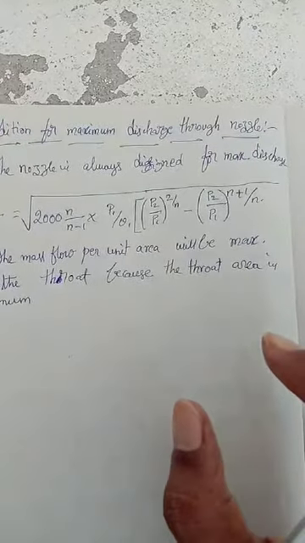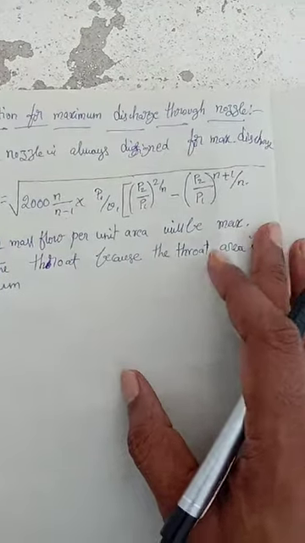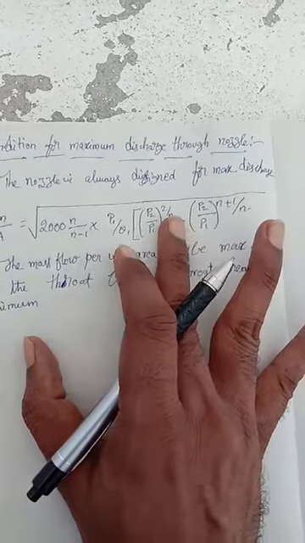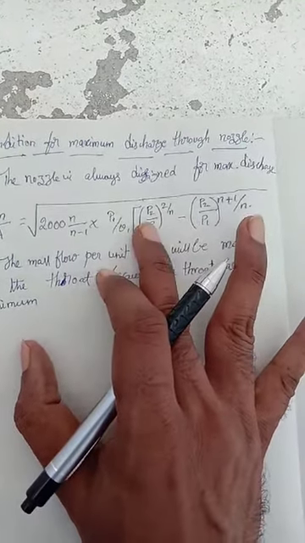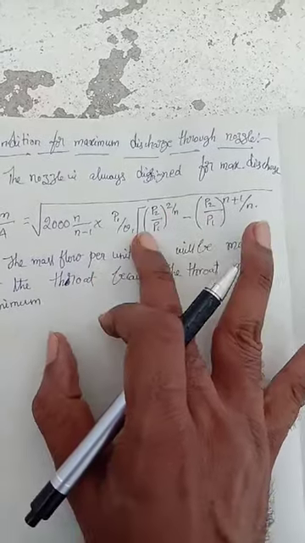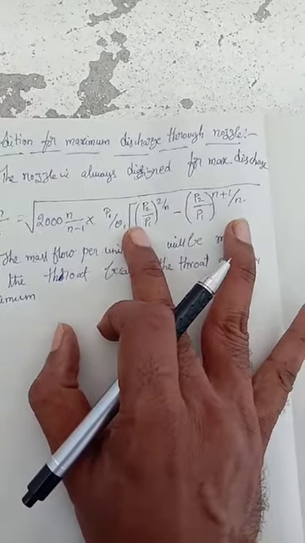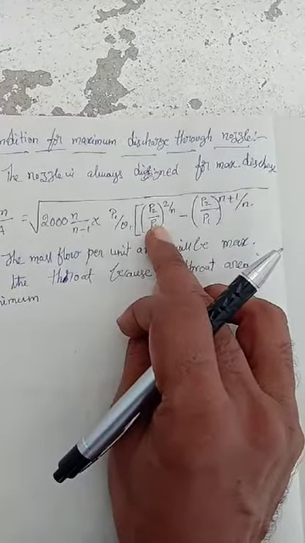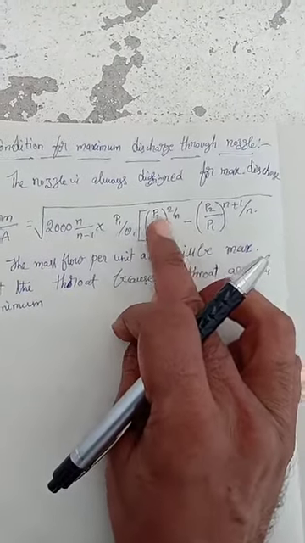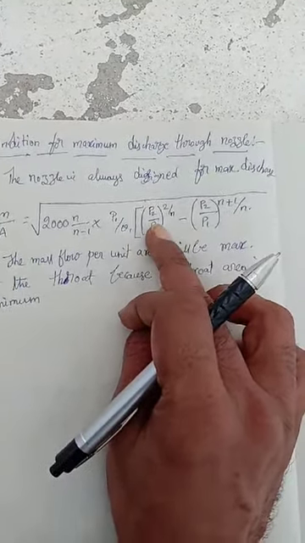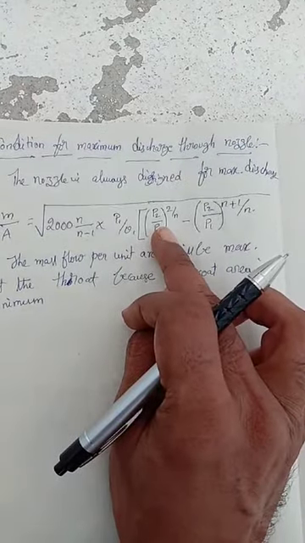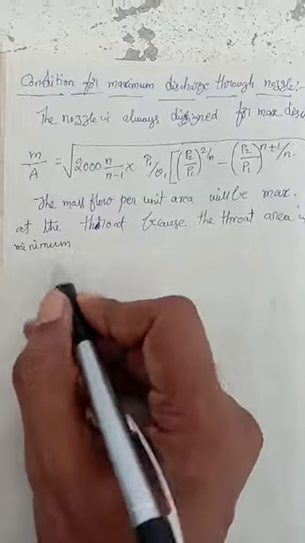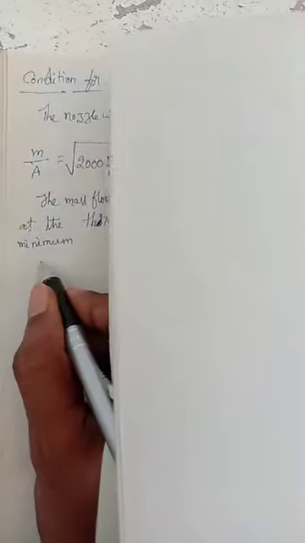So it is seen from the above equation that the discharge through a nozzle is a function of P2 by P1 only, as the expansion index is fixed according to the steam supplied to the nozzle.